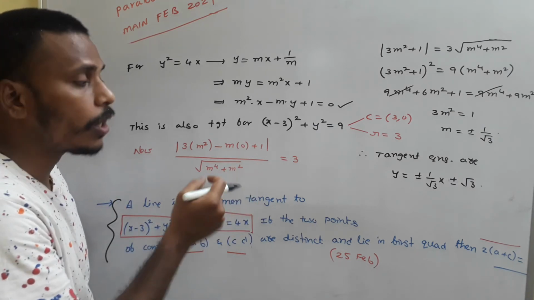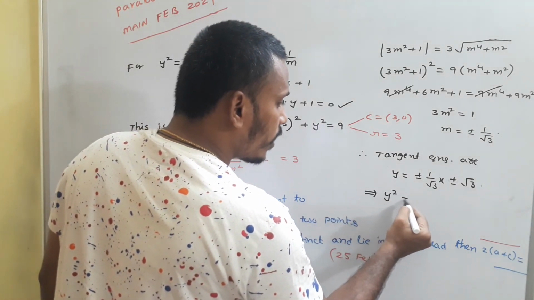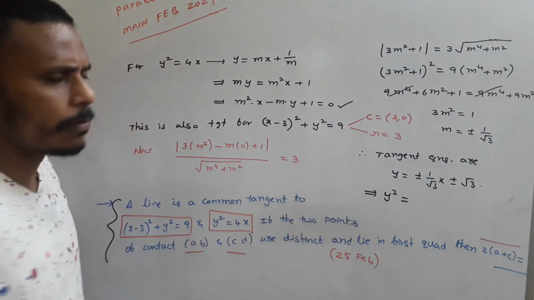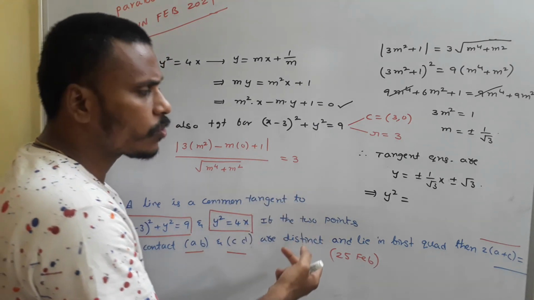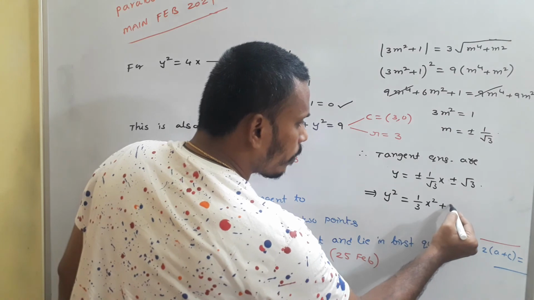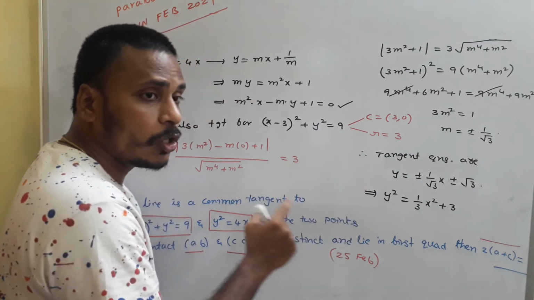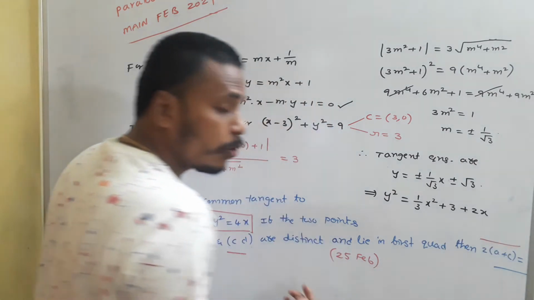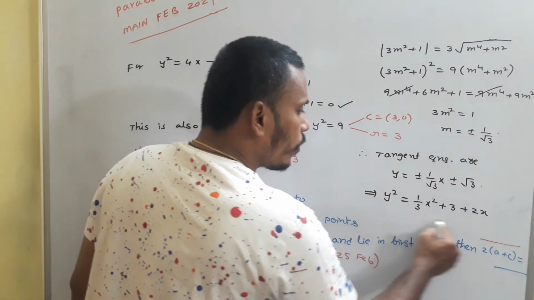Since it is y, it is easy to pick out plus or minus: common out plus or minus 1 by root 3 x plus root 3 and calculate the square. We get 1 by 3 x square plus 3, since root 3 square is 3, then 2ab, 2 into x by root 3 into root 3, which is simply 2x. Taking plus and plus, or minus and minus, you get the same y square.